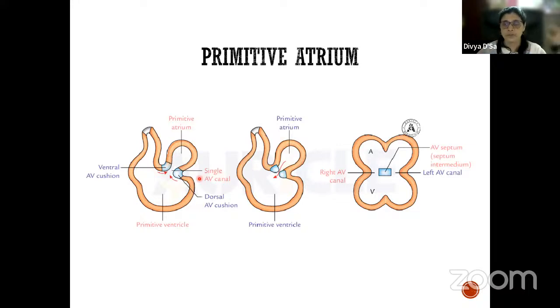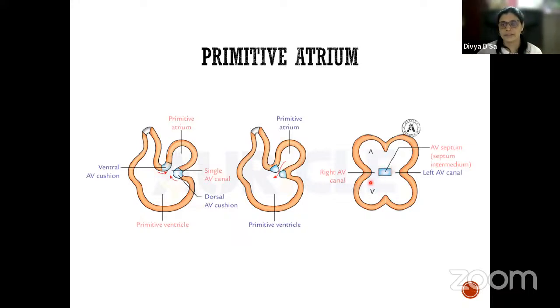Since it is formed here in the center, above will be the atrial chambers, below will be the ventricular chambers. This is like a coronal section. So this is the atrioventricular septum which is formed.